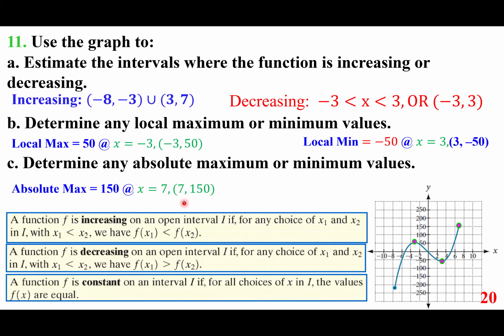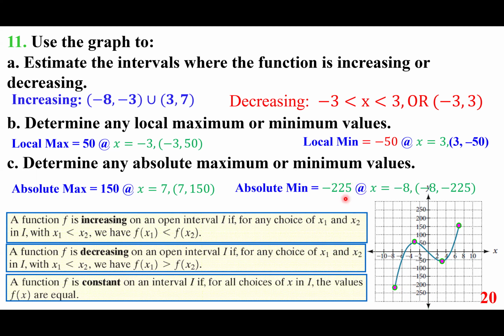Again, you want to pay attention to how they want you to answer it. Here's the location of an absolute minimum, and it seems to have y-coordinate of almost -225 and the x-coordinate of -8.